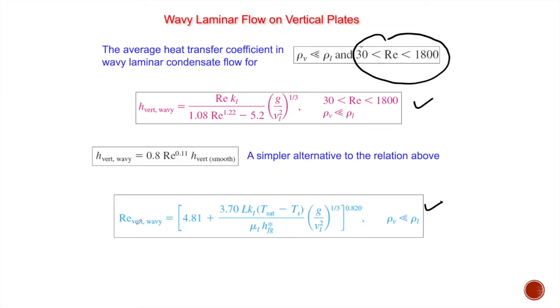So 4.1, 3.7, LK, all this information, plug into this and find the Reynolds number. After you find the Reynolds number, compare your Reynolds number with this. Is it in the range of 30 to 1800? If it is in between, therefore you can directly use H vertical.